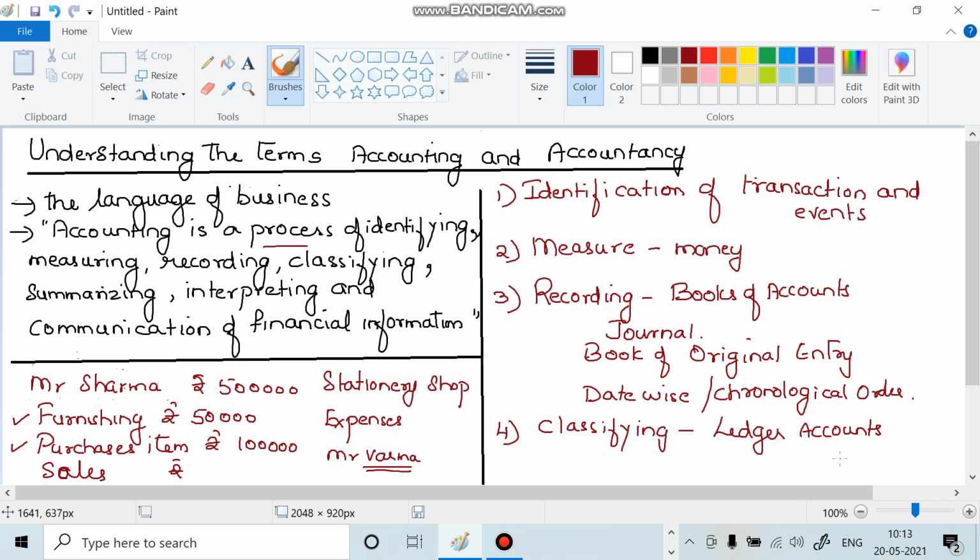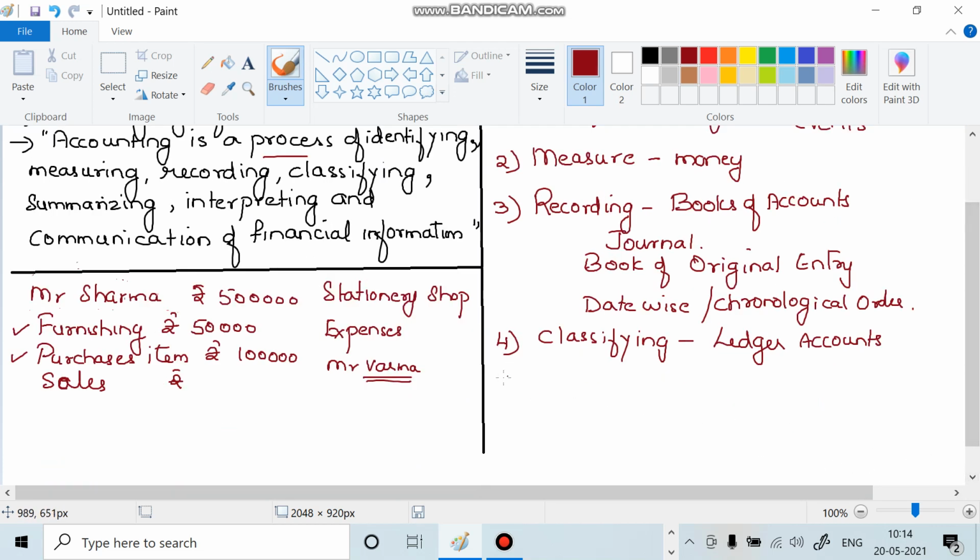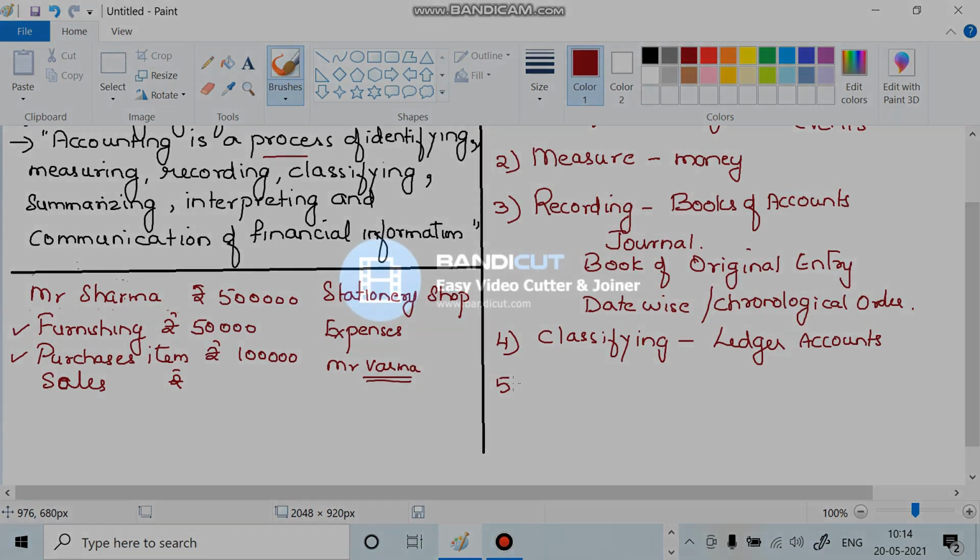So individual accounts are going to be opened, and the transactions which have been recorded in the journal are going to get posted into these ledger accounts, so that all transactions related to purchase, which are spread over several pages of the journal, are going to go into one single page of the ledger. So that at any point of time, if we want to know the total of the purchase or total of the salary paid or total of any particular specific account, we will be able to get it instantly. So this is the fourth stage of accounting.